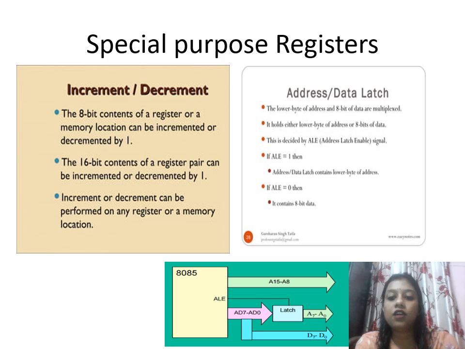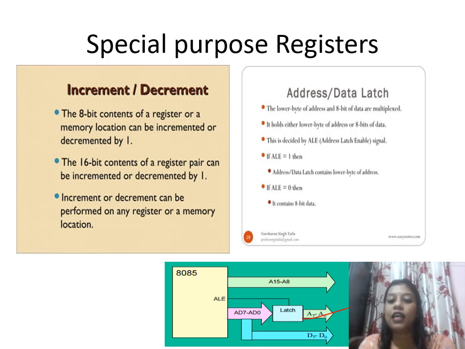We have our multiplexed address and data bus in 8085. If you have studied the pin diagram, you will understand that. Since our address is of 16 bits and our data is of 8 bits, the lower order address byte we take as multiplexed. If the ALE value is 1, then all the 16 lines will act as address lines.